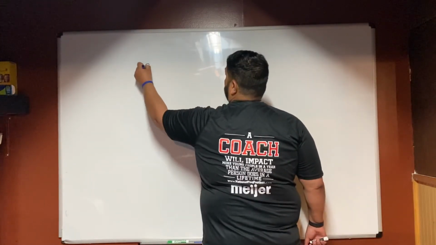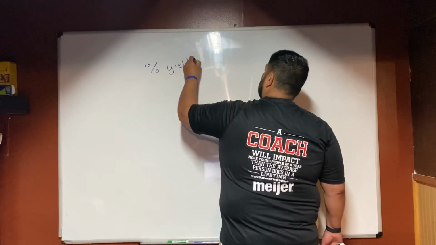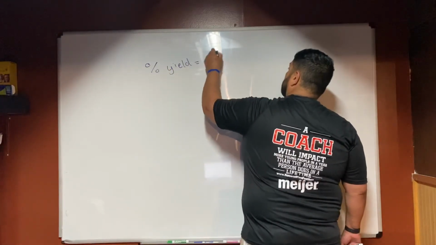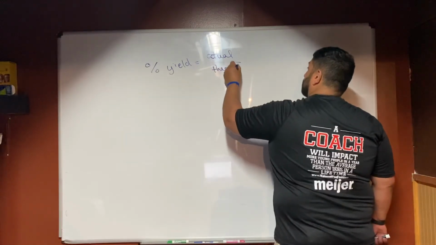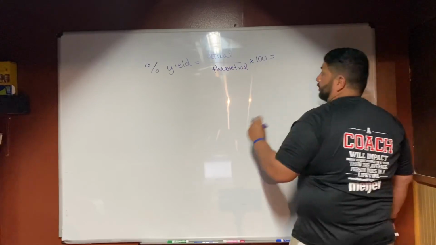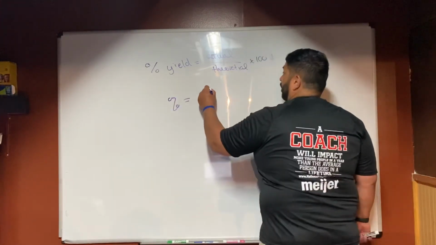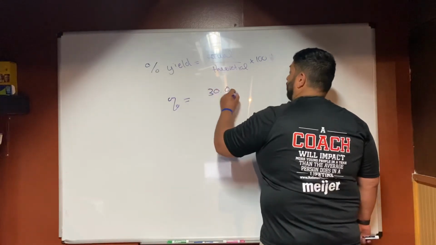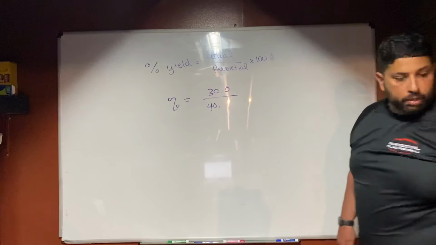So percent yield is actual divided by theoretical times 100. Our actual was 30.0 divided by 40.7.